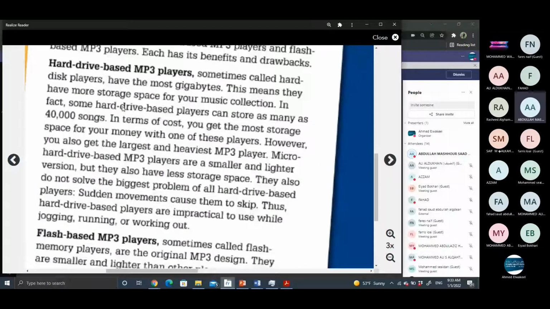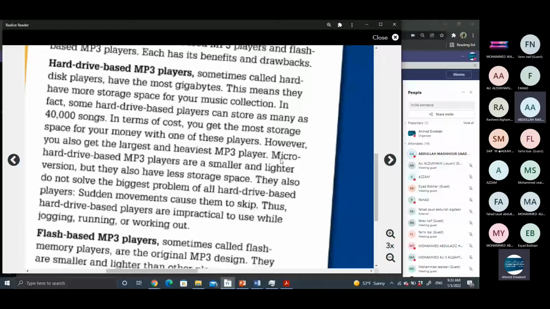Sometimes called hard disk players, they have the most gigabytes. This means they have more storage space for your music collection. In fact, some hard drive based players can store as many as 40,000 songs. In terms of cost, you get the most storage space for your money with one of these players. However, you also get the largest and heaviest MP3 player.